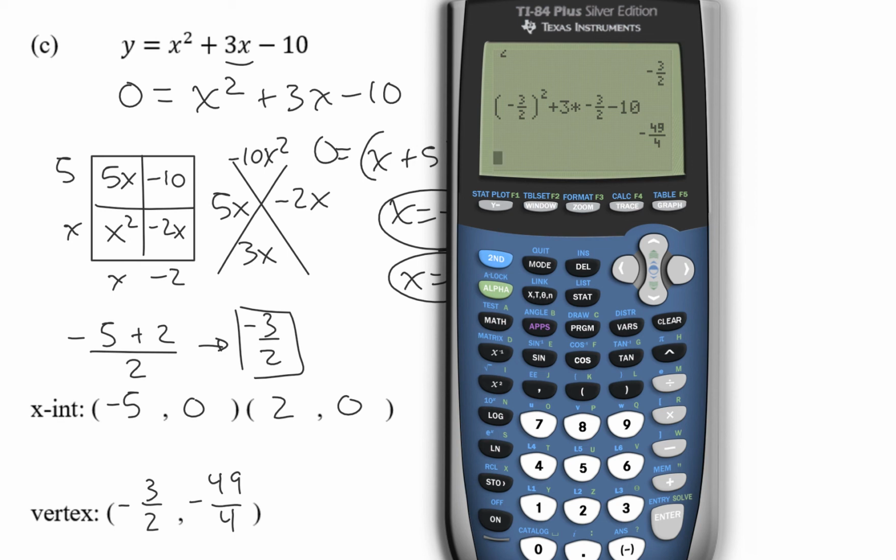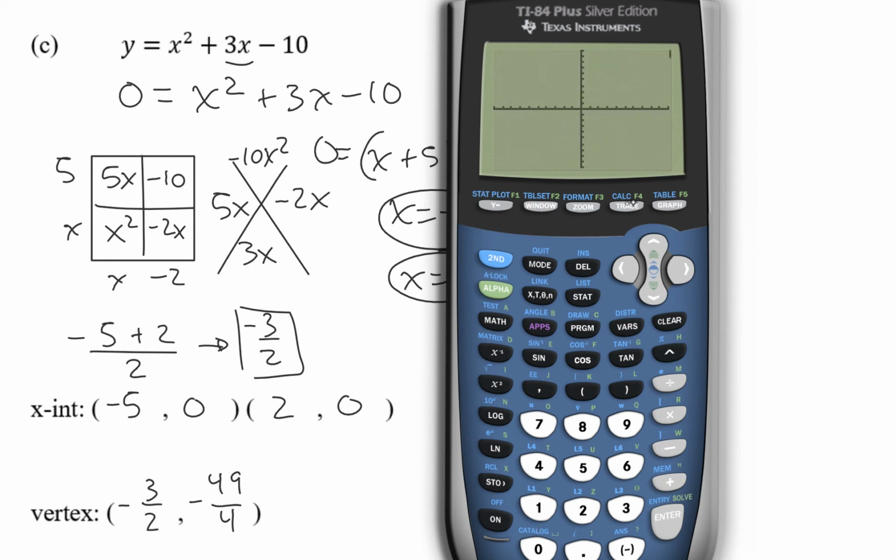So let's go ahead and check this. I'm going to hit y equals and clear out my last equation. I'll enter x squared plus 3x minus 10. There we go.